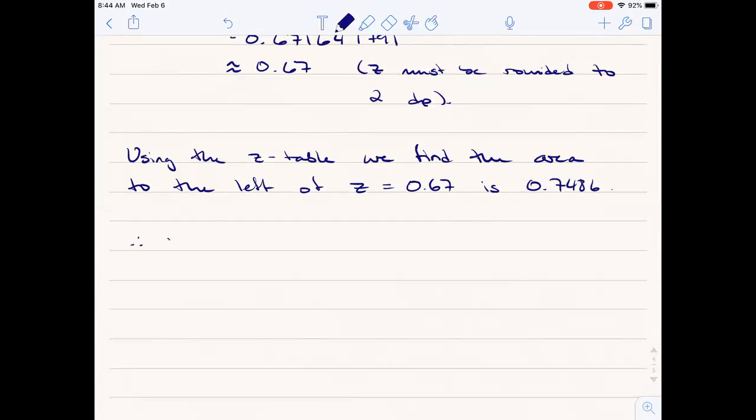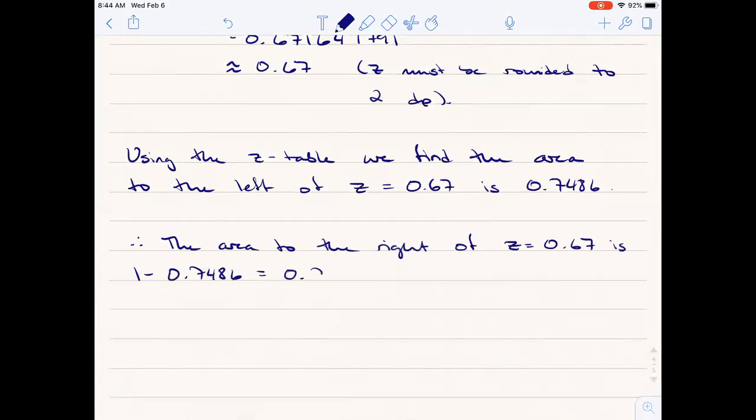Therefore, the area to the right of Z equal to 0.67 is 1 minus 0.7486, which is 0.2514.